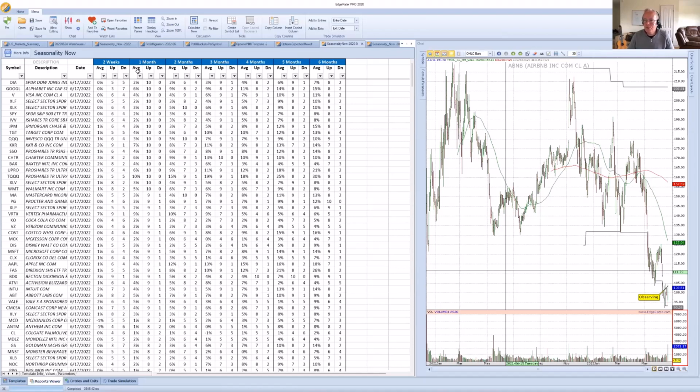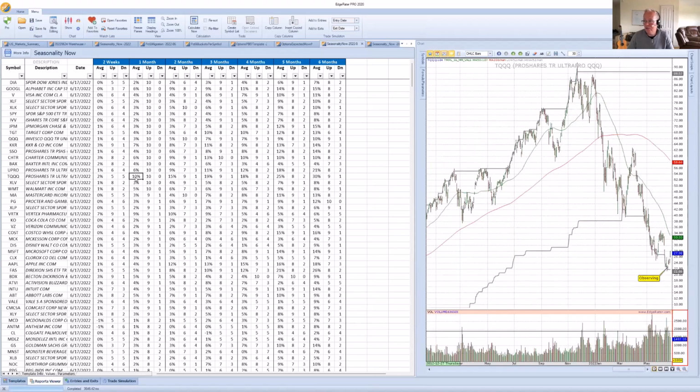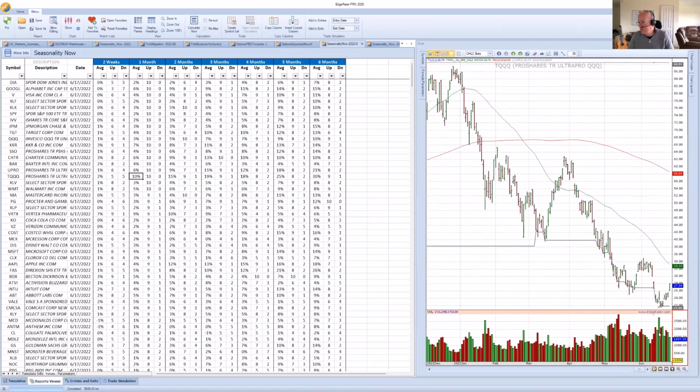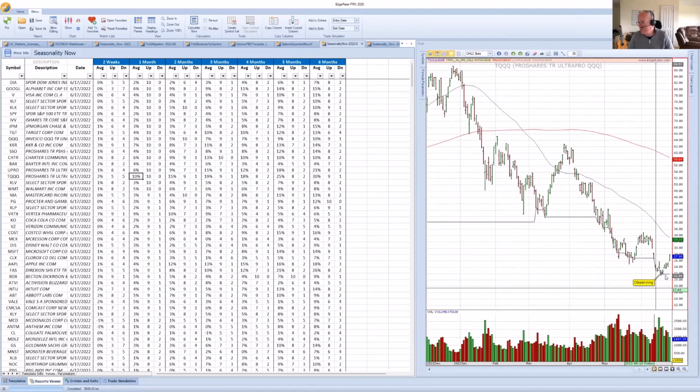What you could have done then is look for stocks that over the upcoming next month have a lot of up years or a lot of down years or a high average % return, like down here, TQQQ. Now, because I ran this as of 6/17, the annotation that's going to be put onto the chart is for that date, 6/17, right here.